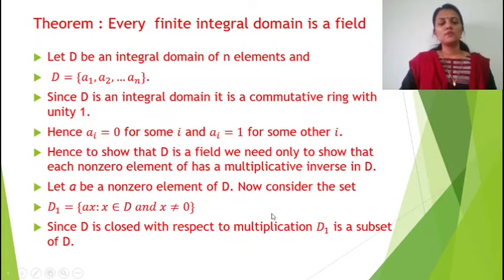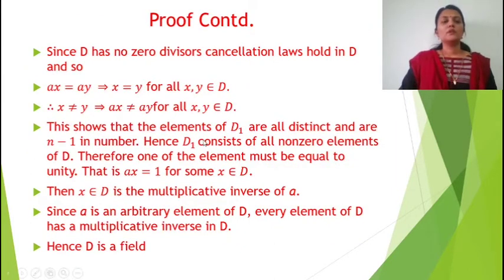Since D is closed with respect to multiplication, D1 is a subset of D. Now, since D has no zero divisors, the cancellation laws hold in D. In the last class we learned that the cancellation laws hold in an integral domain. So Ax equals Ay implies x equals y for all x, y in D. Therefore, x not equal to y implies Ax not equal to Ay for all x, y in D.